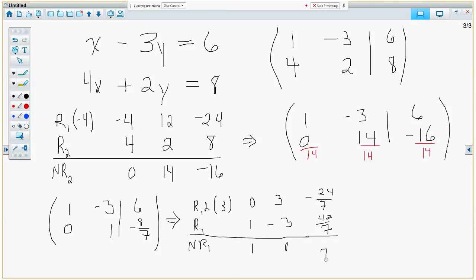Somebody do that on your calculator because I can't subtract very well. It's 18 or 28 or something like that, isn't it? I don't know. 42 minus 24 is, let's see, be 18? Okay, so I did have it at 18. So now your new matrix is 1, 0, 18 over 7.